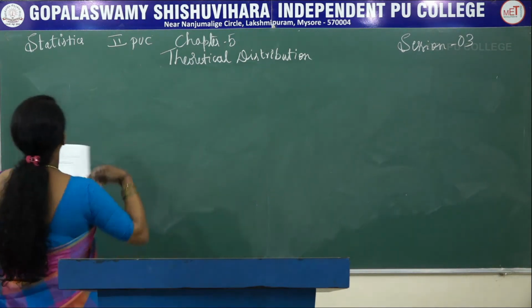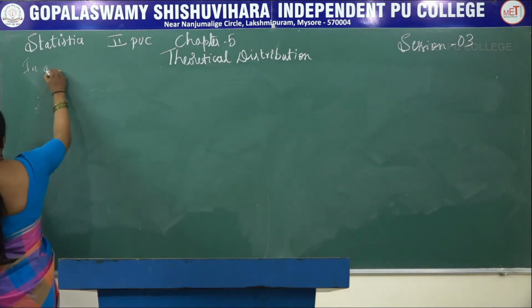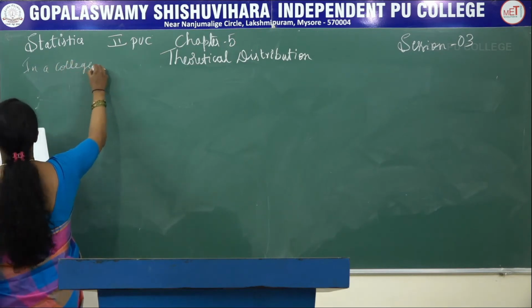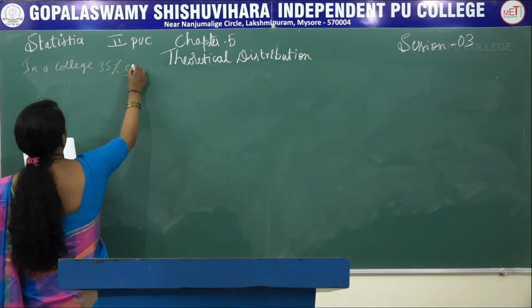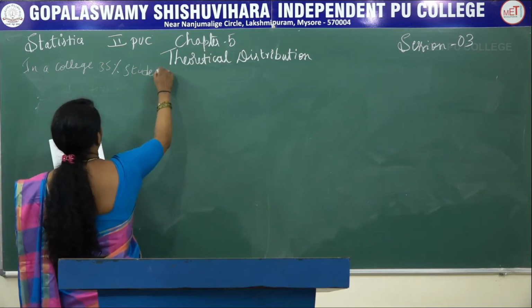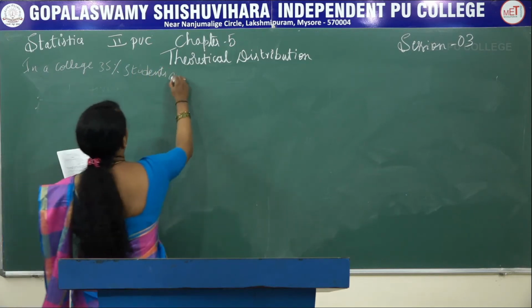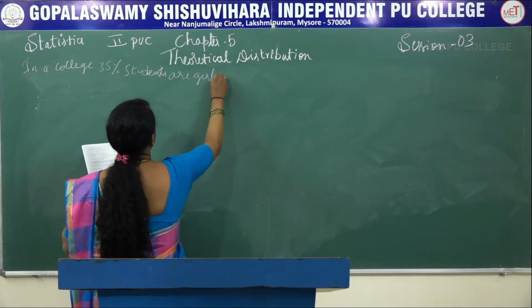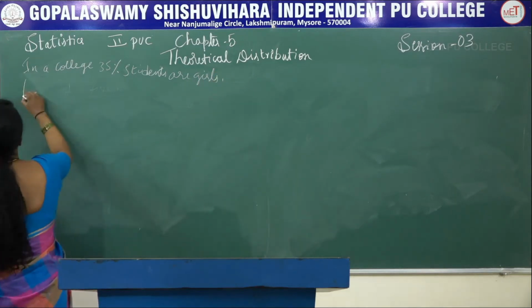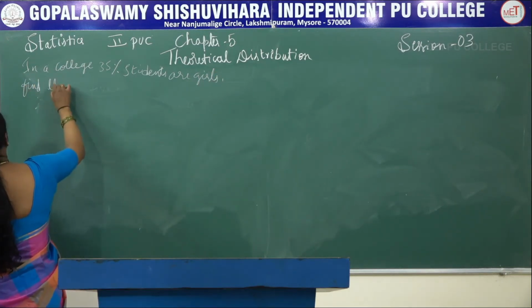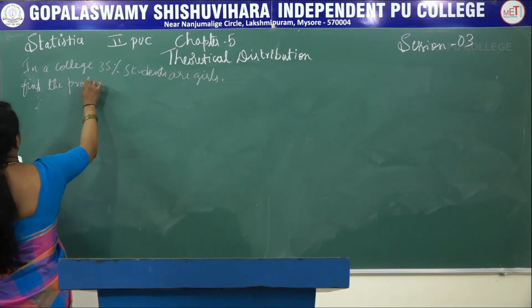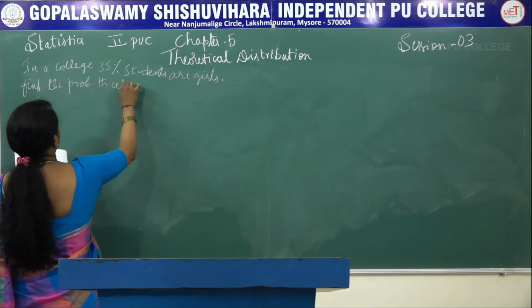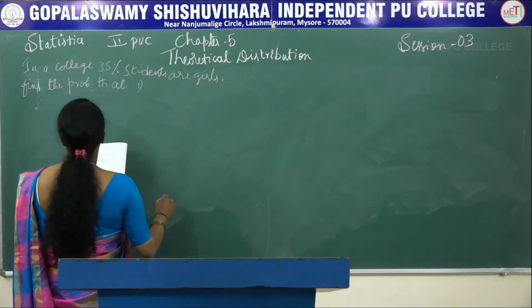In a college, 35% of students are girls. Find the probability that, first question, 2 are girls.